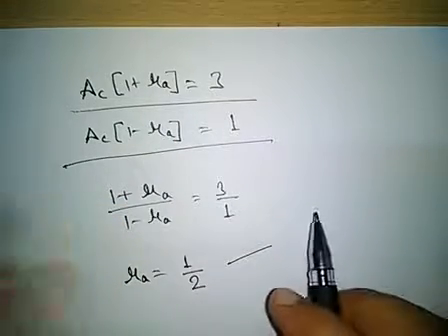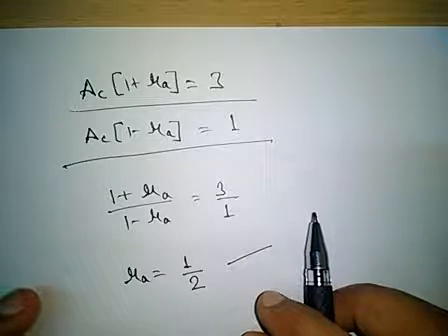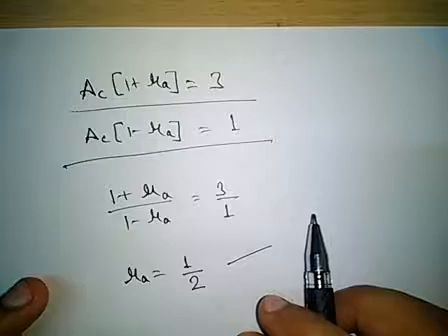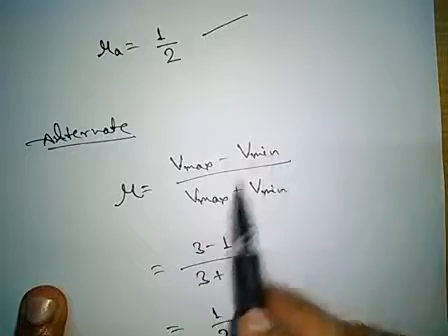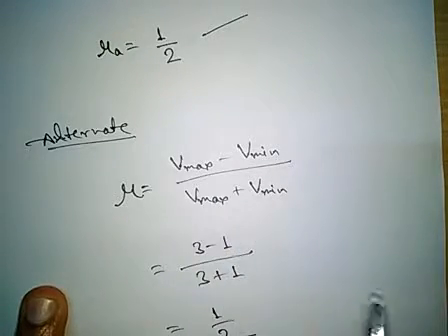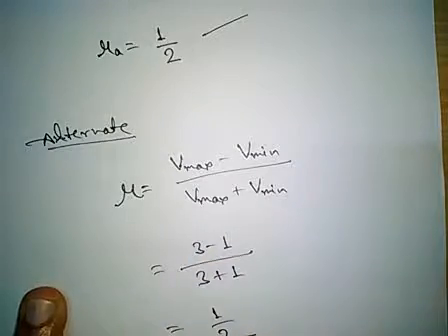This was the generalized method, but alternatively we can directly solve the given problem using a simple formula: the modulation index is (V max minus V min) upon (V max plus V min), where V represents the envelope, the total amplitude.